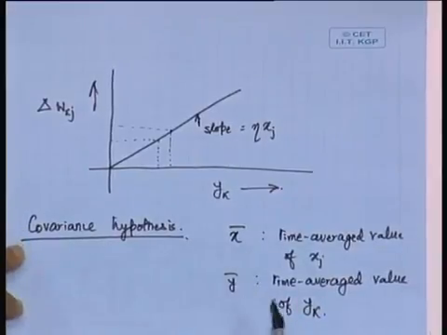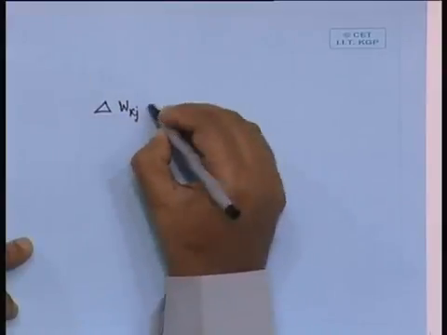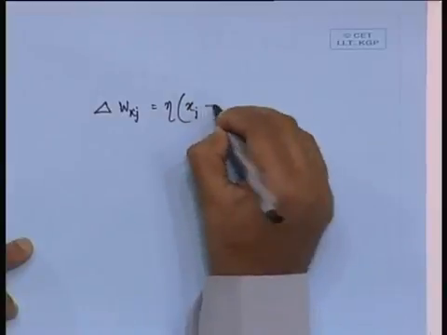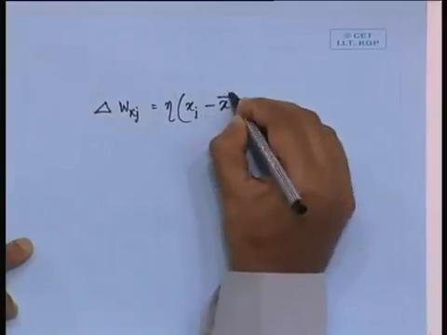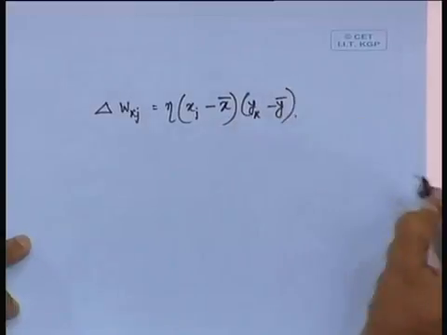So, we can then write the covariance hypothesis as delta Wkj equal to eta times Xj minus X bar times Yk minus Y bar.